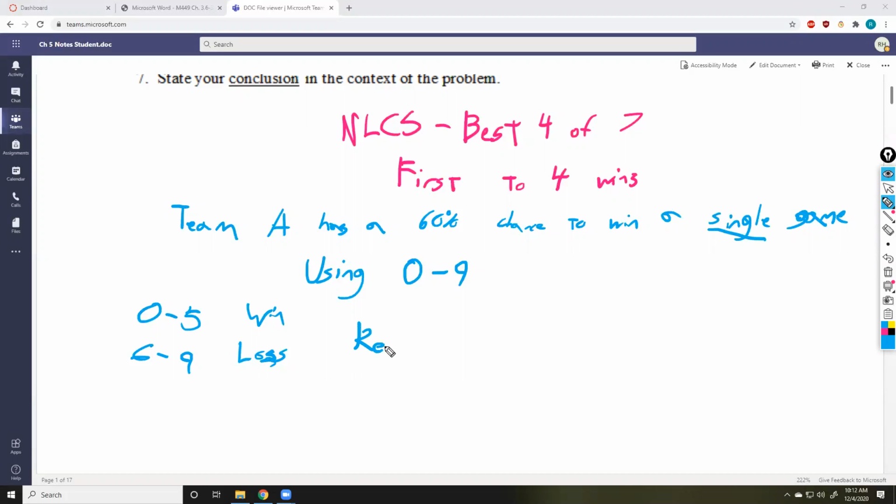We repeat this until one team has won 4 games. So either A wins 4 or A loses 4.